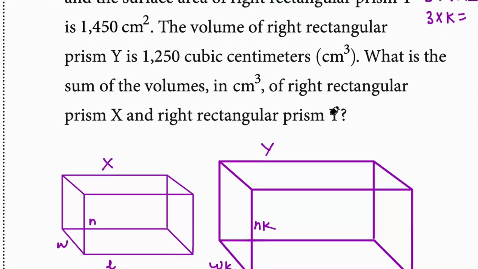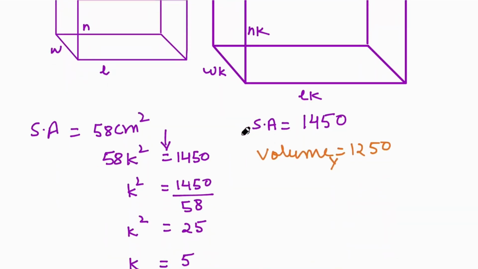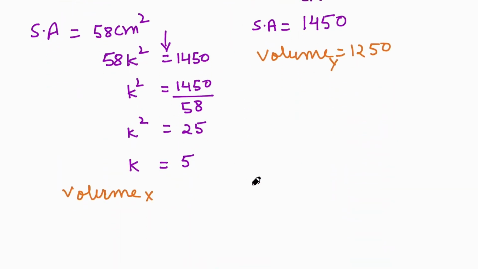Let's go back to the question. The volume of the rectangular prism Y is this much. What is the sum of the volumes? So this volume of X is not given to us, right? So we have to find it. Let volume of X times K cubed be equal to volume of Y, right? This is what we have done in the surface area part. So volume of X, which we don't know, times K cubed is equal to 1250.